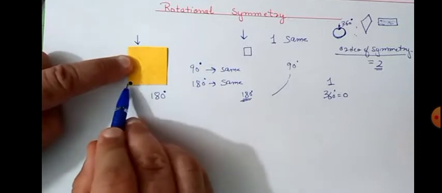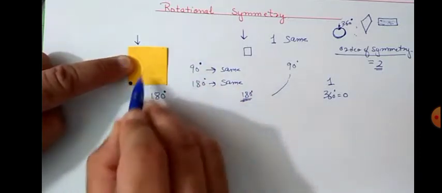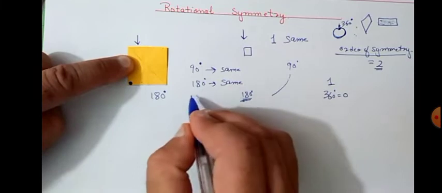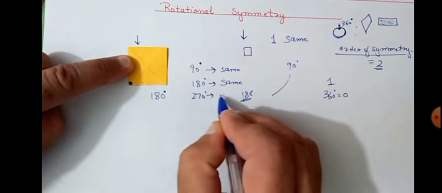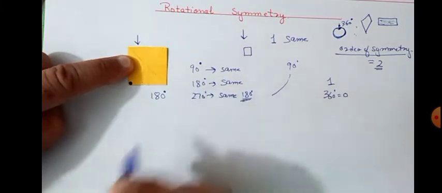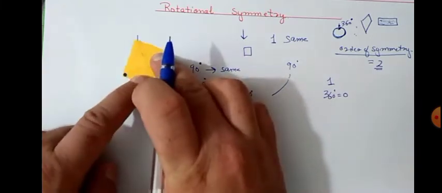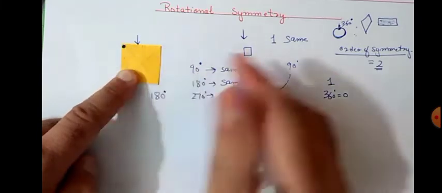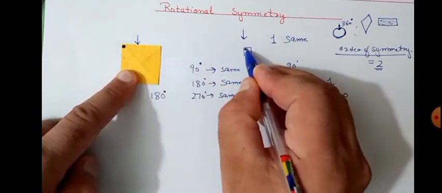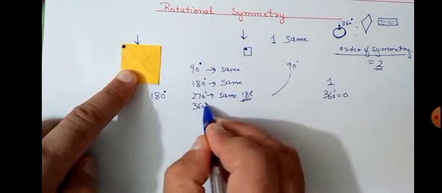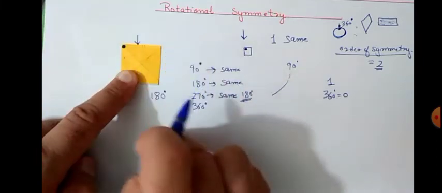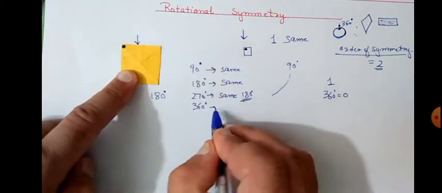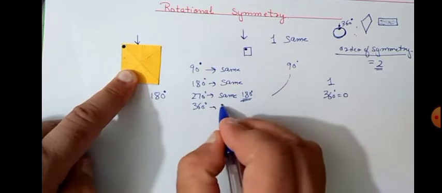Now it's 270 degrees. Again, at 270 degrees, we will get the same figure. Then after 360 degrees, again we get the same dot.